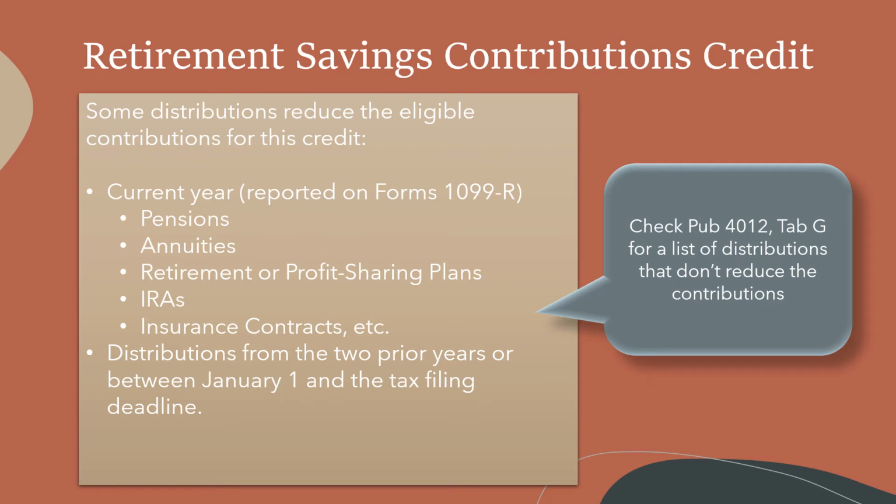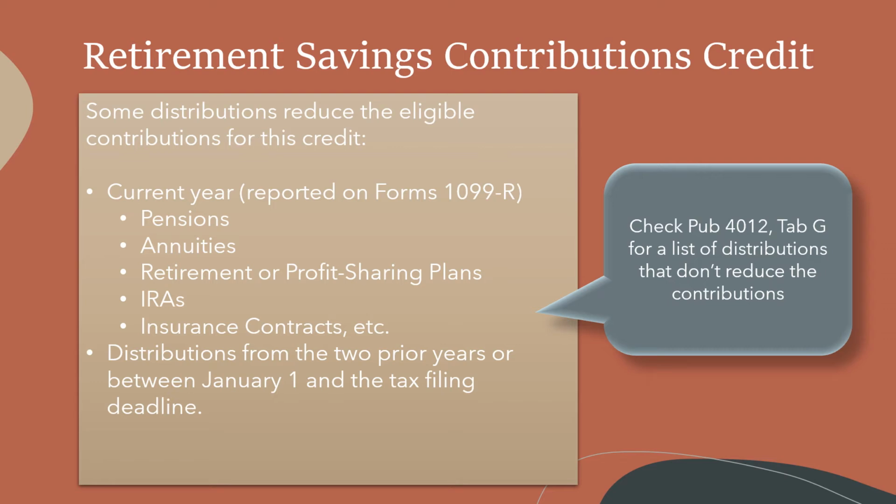Those reduce the amount of eligible contributions that can be counted towards the credit. Also, distributions made from the 2 years prior reduce the eligible contributions. And then, of course, if our taxpayers have had a distribution between January 1st and the tax filing deadline of the current year, that's also going to reduce the eligible contributions.